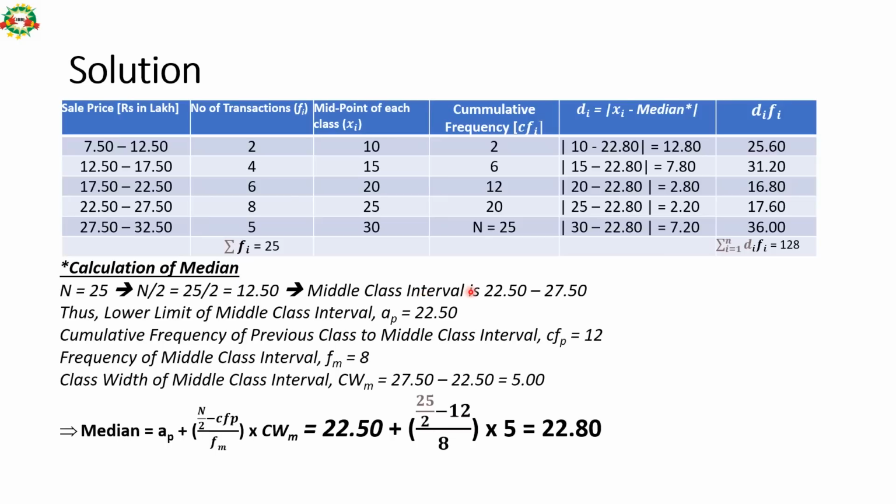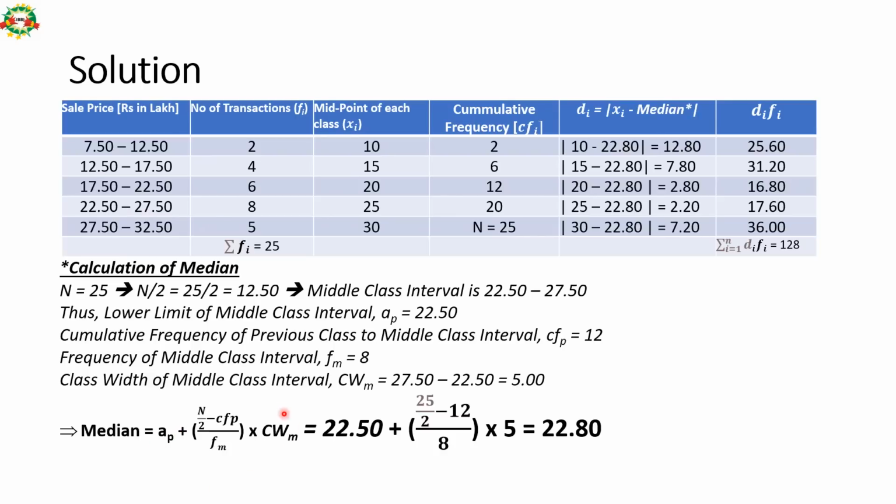The middle class interval is this one. The lower limit of the middle class is 22.5. The cumulative frequency of the previous class is this one. The frequency of the middle class interval is this 8. The class width of the middle class interval is 27.5 minus 22.5, which is 5.